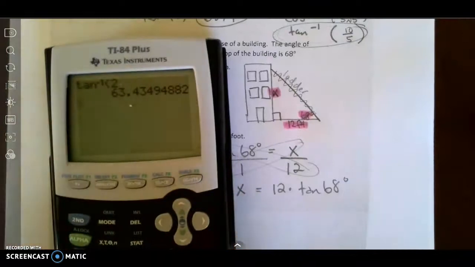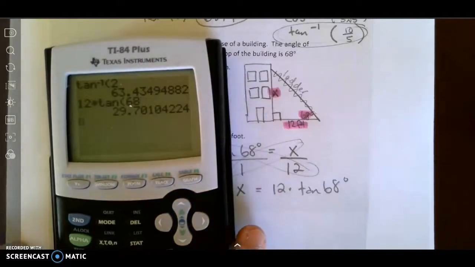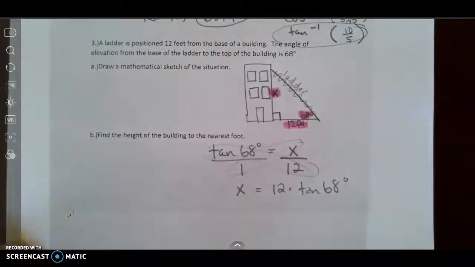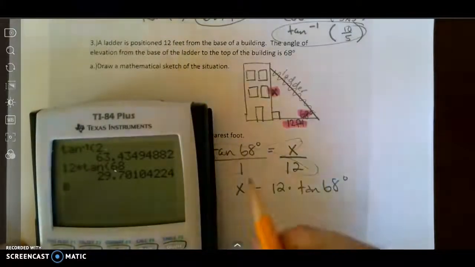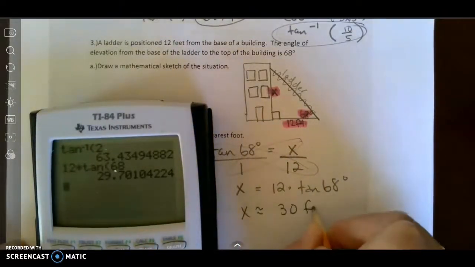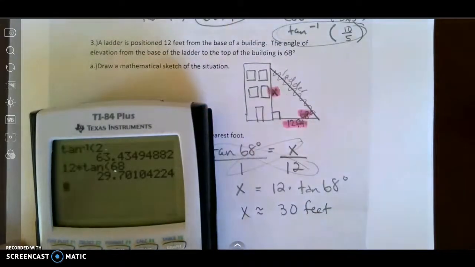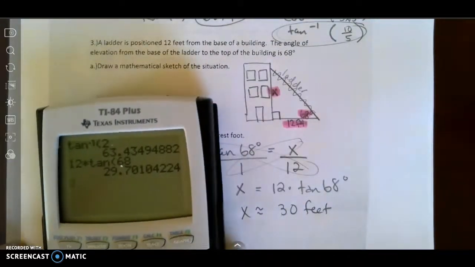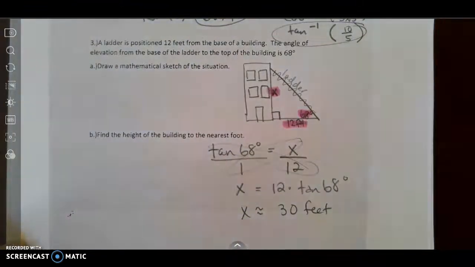Go to my calculator. 12 times the tangent of 68, 29.7. It says to the nearest foot though, so that would be 30 feet. This 29.7 would round to the whole number 30.